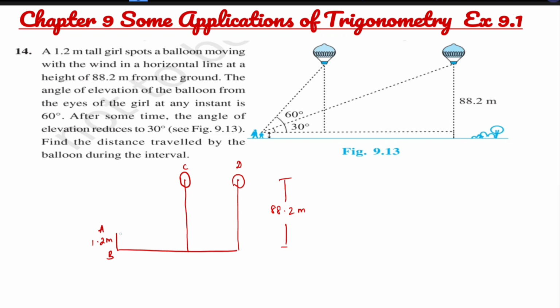From the horizontal level, that is eye level, it makes an angle of 60 degrees initially, and then when the balloon moves forward it makes an angle of 30 degrees.